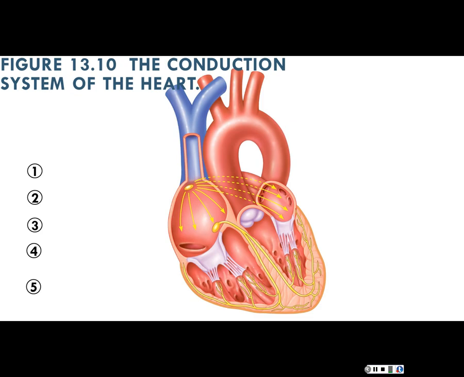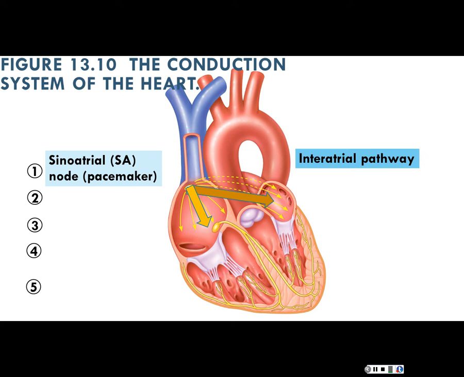And if we look at what happens, we know that the SA node is going to depolarize the fastest. And so it's going to generate our action potentials, our little flashy light. These cells are connected, and then the action potential is conducted not only down through the right atrium, but across over to the left atrium.